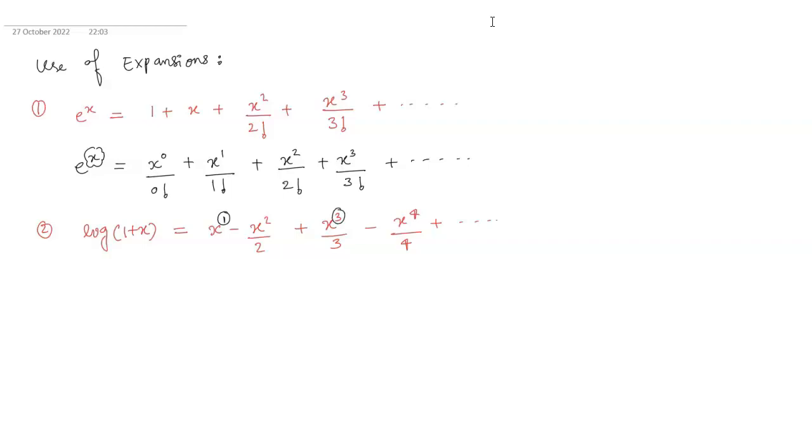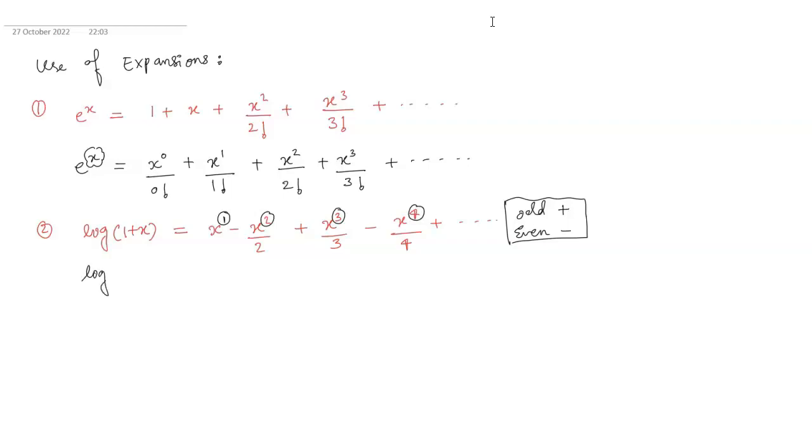So whenever the powers are odd there is a plus sign, and whenever the powers are even then there is a minus sign. So with this expansion you just remember that with odd you have to use plus sign and with even powers you have to use minus sign, and alternatively this will go on repeating. So that is all about the expansion of log 1 plus x.